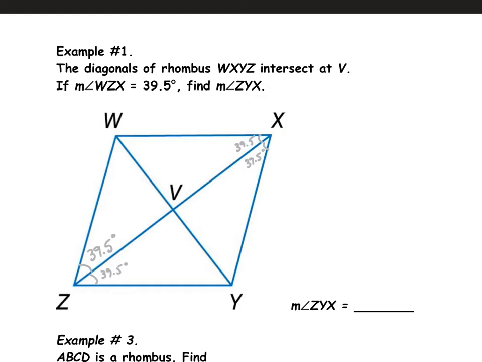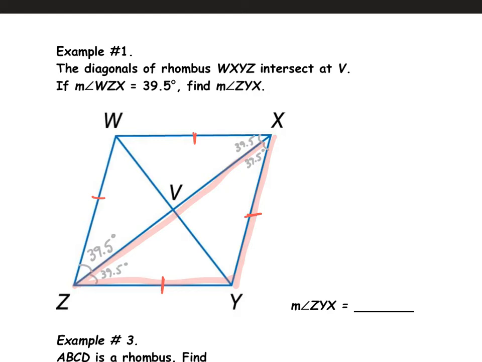I'm going to highlight the following triangle in red. If I look right here, I know I have all that I need to solve. I've got a rhombus, so I know that these sides are congruent. I've got my base angles that are congruent.